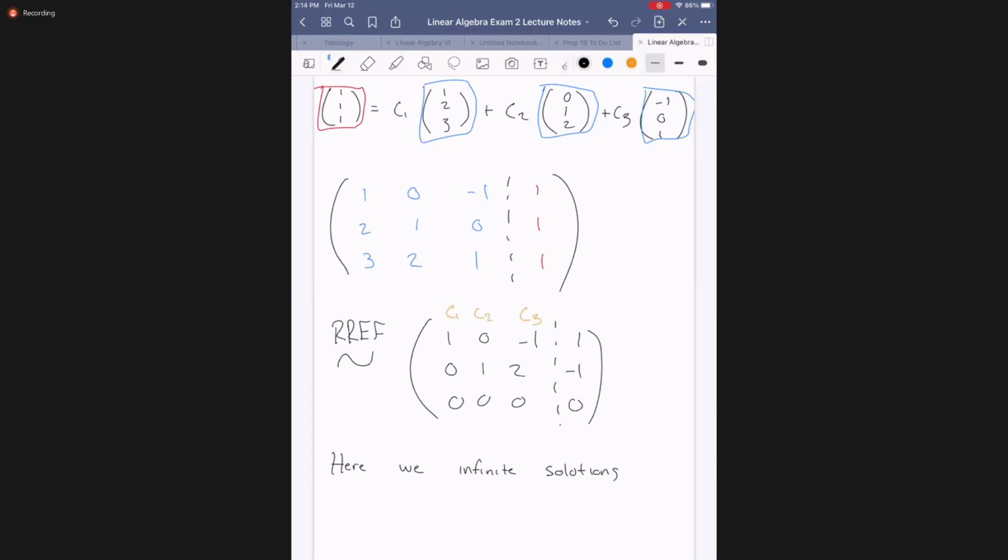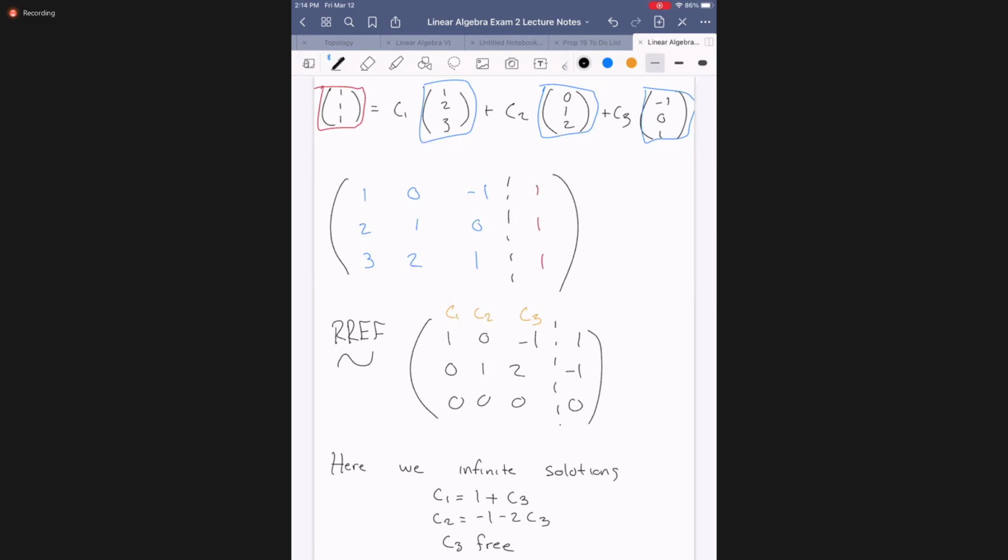So if you solve for this one, you get that C1 is going to equal 1 plus C3. C2 is going to equal minus 1 minus 2 C3. And then C3 is free, right? To answer the question at this point, all you have to do is pick a number for C3. And you'll get C1 and C2 from there.